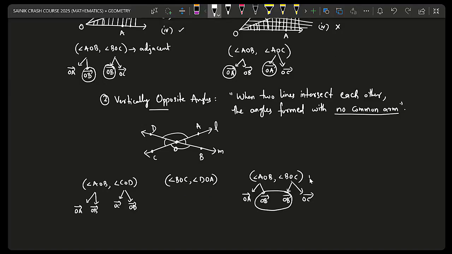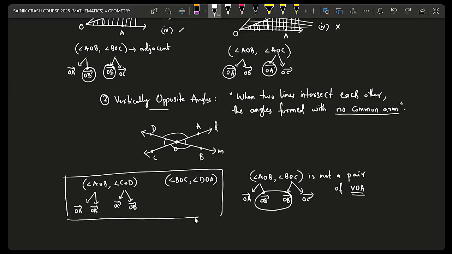So this is not a pair of vertically opposite angles. I'm using the short form VOA, which means vertically opposite angles. But these two are examples of vertically opposite angles. So whenever two lines intersect each other, how many pairs of vertically opposite angles do we have? There are two pairs.